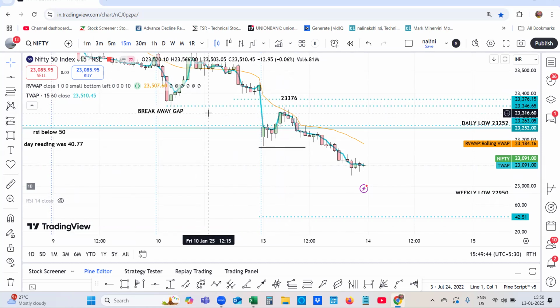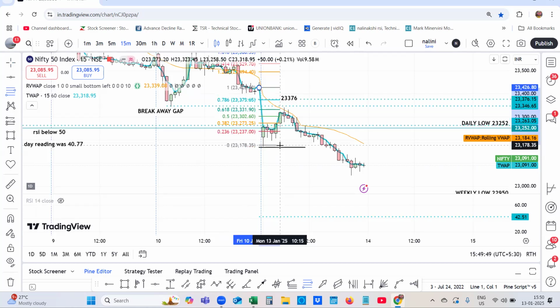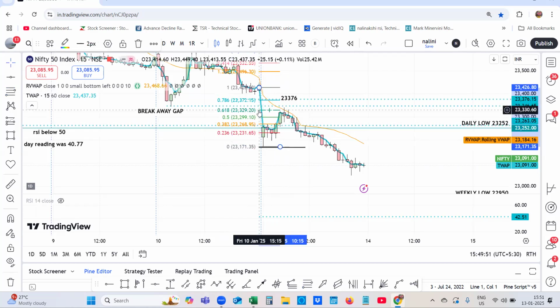I had already mentioned the target. If you have taken the reversal trade, it may go up to the 0.5 to 0.6 fib retracement of the gap. I mentioned in my video that there you can fix the target and close the trade.